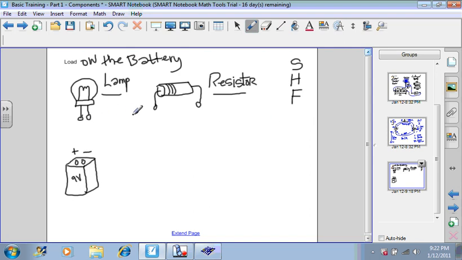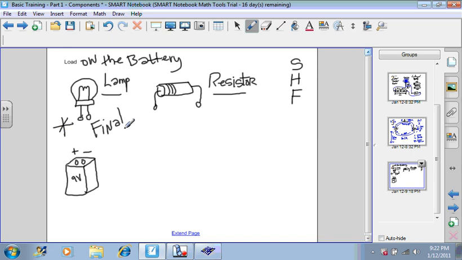So although both of these are considered loads, they definitely have two different purposes. This load is for maybe controlling current in the circuit. But this load, we normally don't use a lamp to control current in a circuit. This is usually what we call our final load.